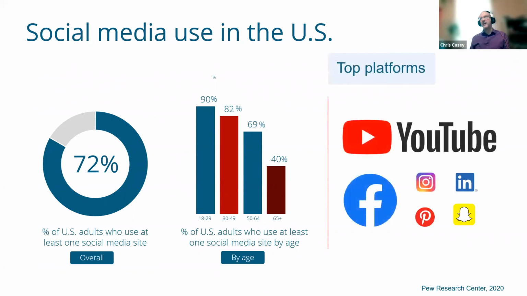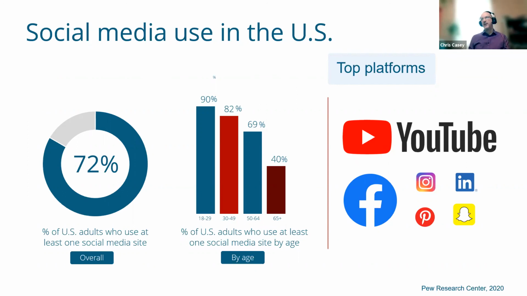A lot of people don't necessarily think about YouTube as social media, but it really is an alternative to traditional media. YouTube is actually the world's second largest search engine after Google. So prioritizing video content is really going to allow you to reach a much wider audience.